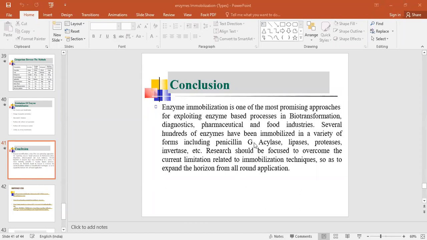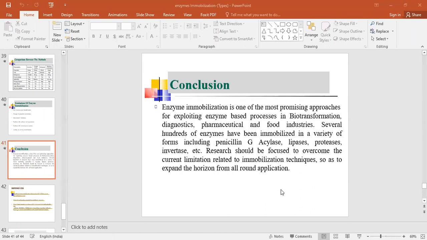Then several hundreds of enzymes have been immobilized in a variety of forms. Till now, many enzymes have been immobilized by using these different types of immobilization processes. The examples are penicillin G acylase, lipases, proteases, invertases. These are a few examples which have been immobilized so far.